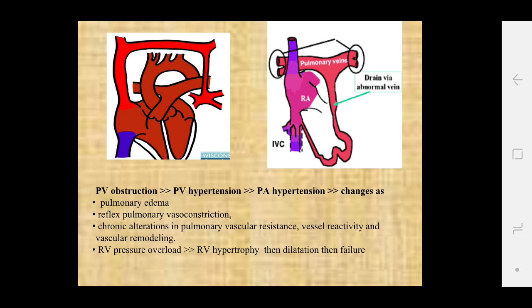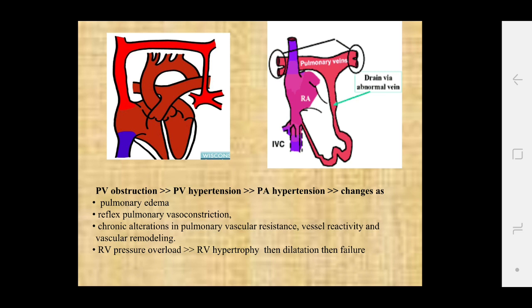Imagine the blood is coming from the lung and should go to the left side of the heart, but it is going to the right side. There is obstruction, so there is a very high back pressure on the lung. This will increase the pulmonary pressure and pulmonary hypertension. This patient will immediately have pulmonary congestion and severe pulmonary edema, and this will be severe heart failure for the patient. Usually this is reflected with severe distress.